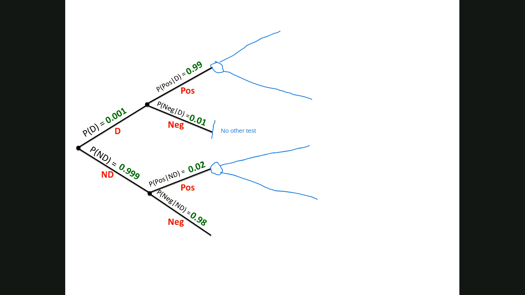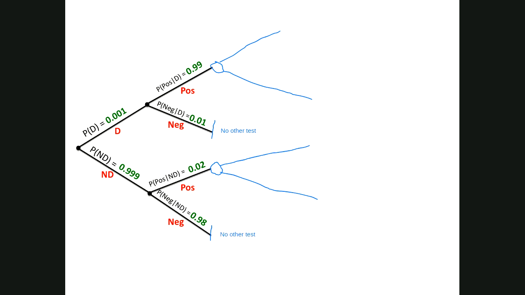And similarly, in this branch, this situation ends, there's no test at the end of this branch. And so again, once there's a negative, there's no other test.